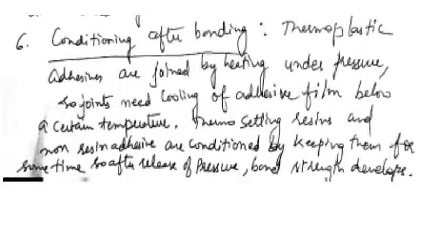So the last step involved in the bonding process is conditioning after bonding. After the bonding takes place, bond strength develops. What you do then is the last step. If we have thermoplastic adhesives joined by the heating under pressure method, we heat it, maintaining the temperature and applying the pressure.